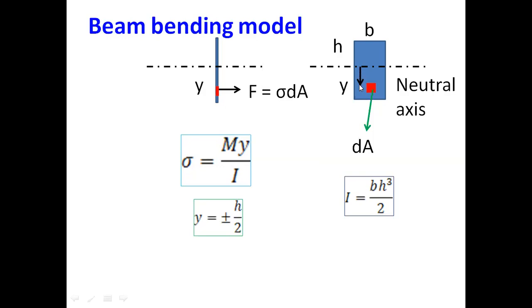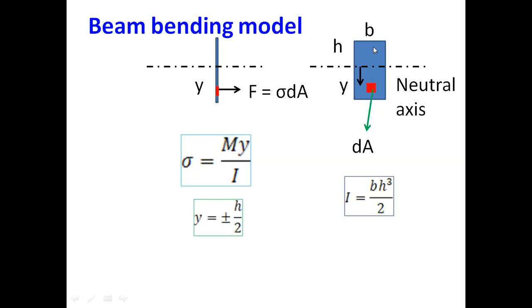If we move in the downward direction, y increases, and on this surface the value of y would be h by 2. The height of the beam is h, so from here to here it is h by 2. So at this surface, y is plus h by 2. However, at this surface, y is minus h by 2.